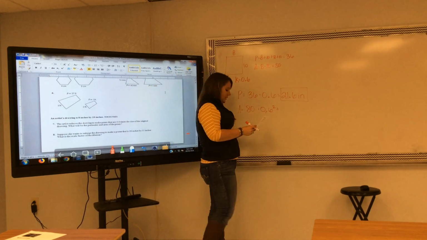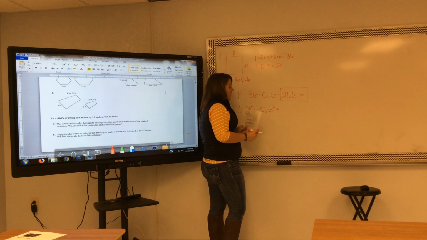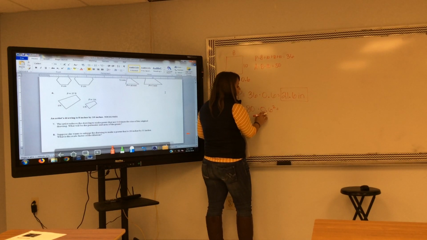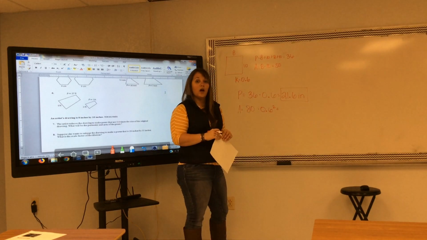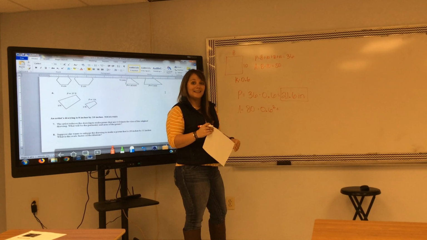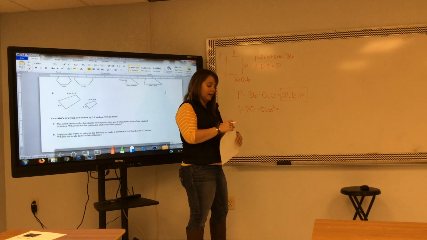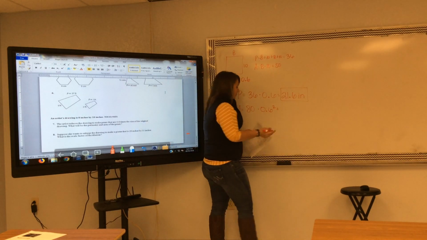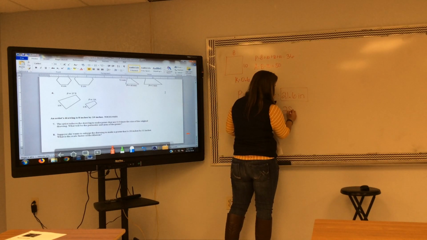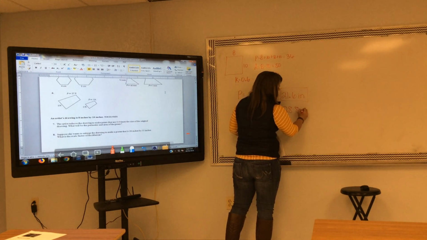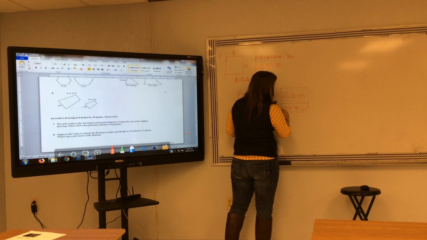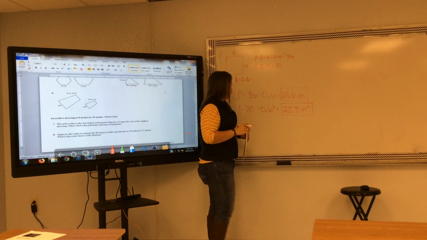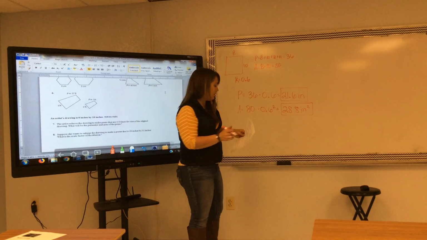But since it's a decimal, it doesn't matter if you put it in parentheses or not. But it never hurts to put it in parentheses. So if you're not sure, it's always a good habit to get into just going ahead and placing that inside of parentheses. And when I multiply that together, I get 28.8 inches. And since we're talking about area, it's inches squared. Okay, so that was number 7.